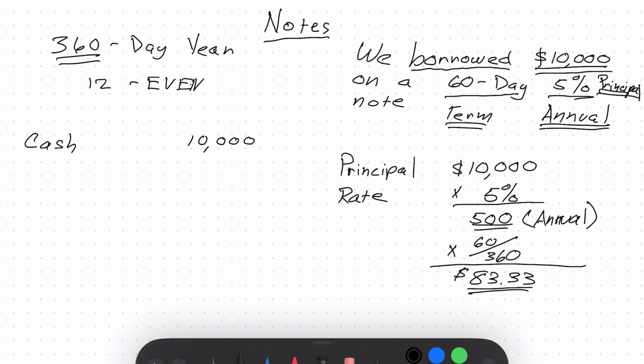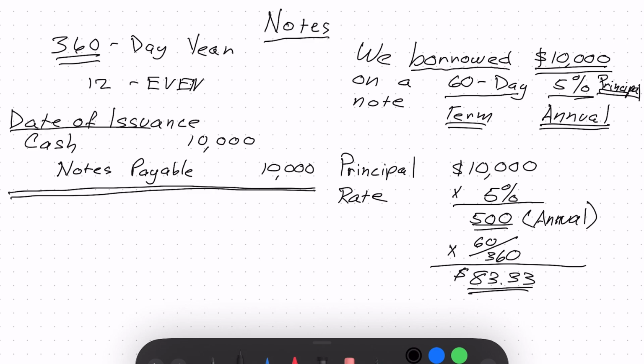What are we going to have here? Well, we said it was a note, so we're going to keep this as a notes payable, not an accounts payable. We've got a notes payable of $10,000. All right, that's on the date of issuance.